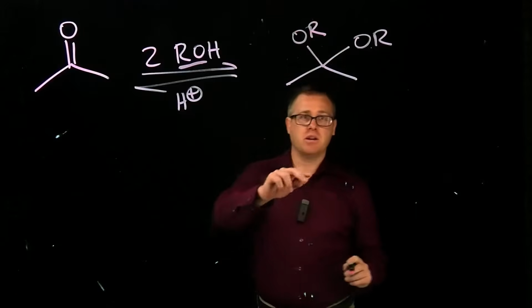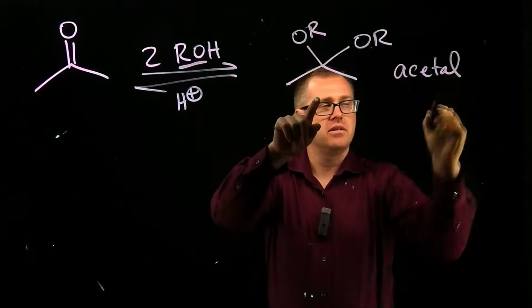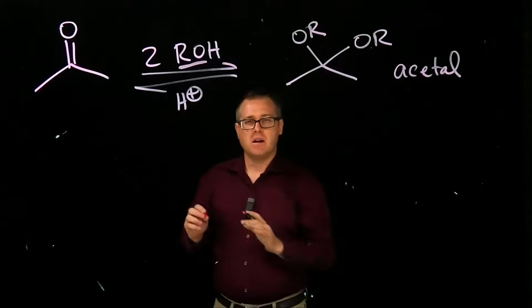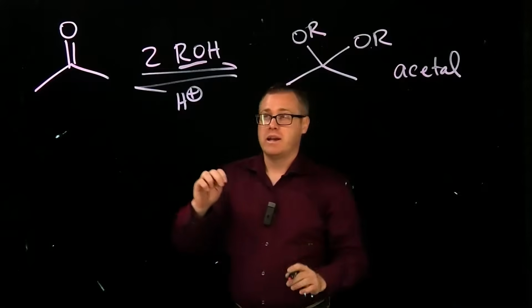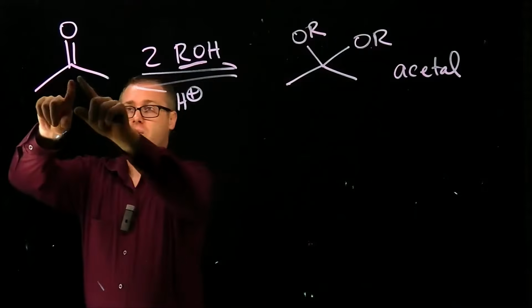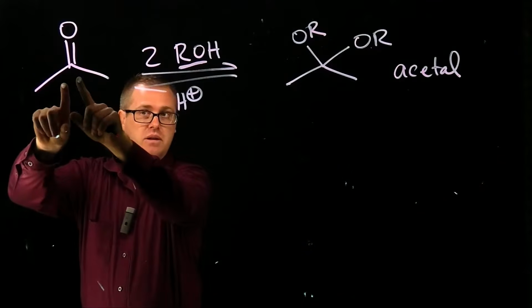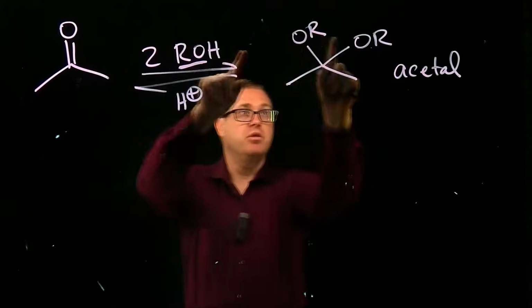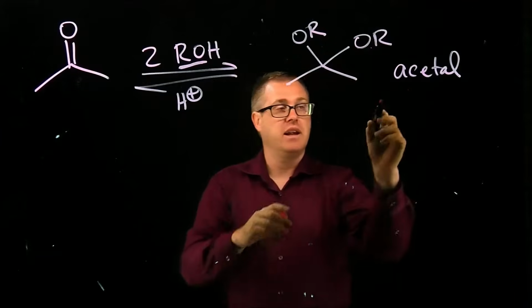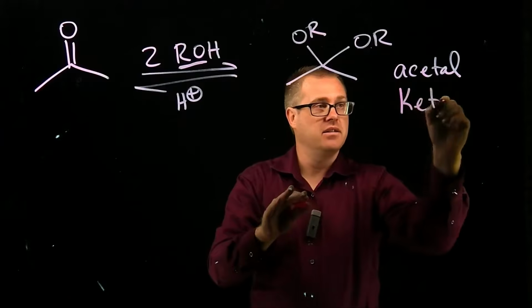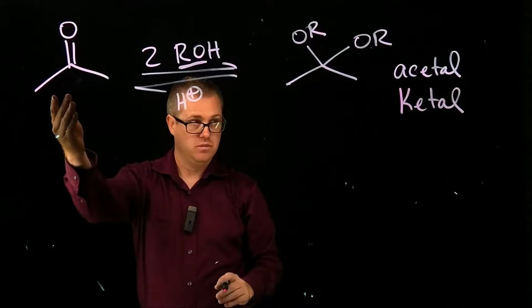And your textbook calls this an acetal. I don't agree with that, because what did we start with? We started with a ketone. And then we took that ketone and put the 2 OR groups on there. So actually, this is called a ketal because it came from a ketone.